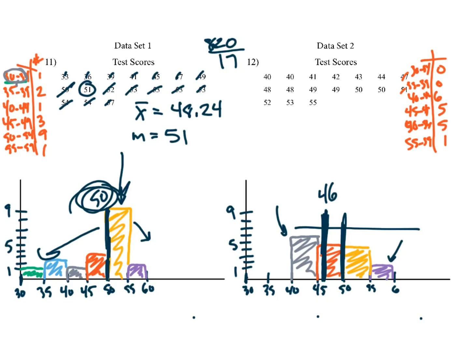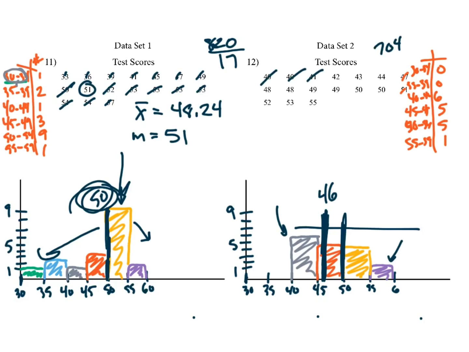Now let's take a look at the other one's test scores. So 40 plus 40 plus 41 and so on. So basically that shape can kind of give you a general idea of where things should be. So 704 in total.